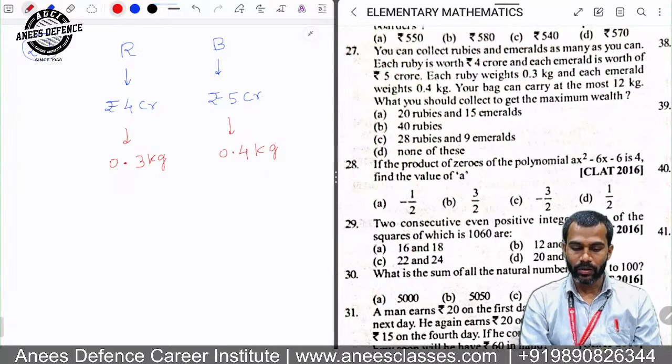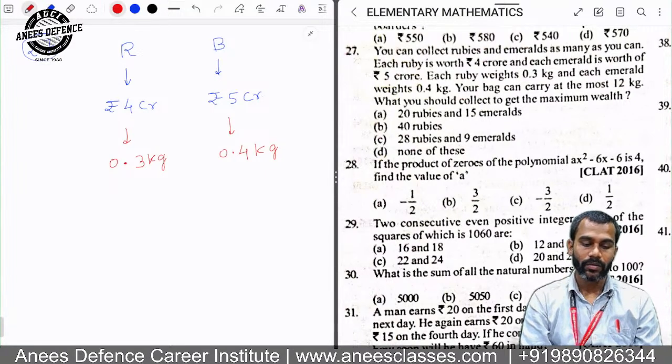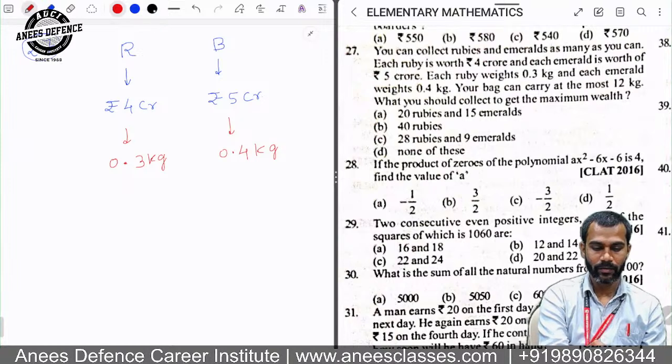We need to find out the cost of each ruby per kg. For ruby per kg, what is the cost? What we need to do? What is 4 by 3? Tell me.